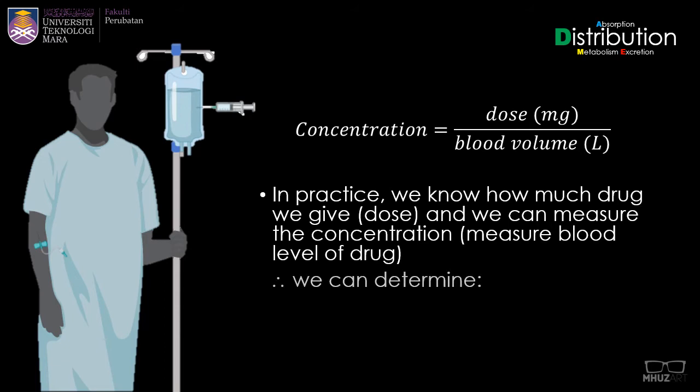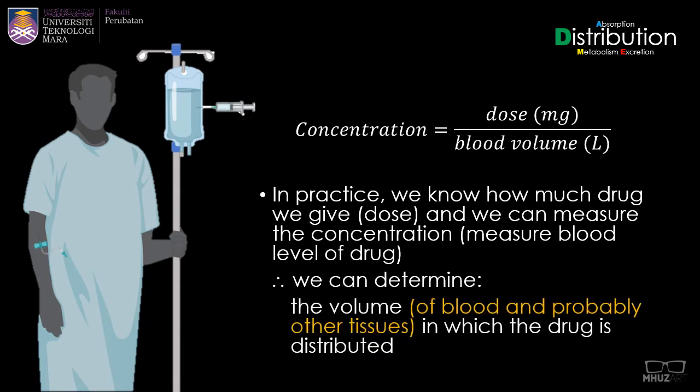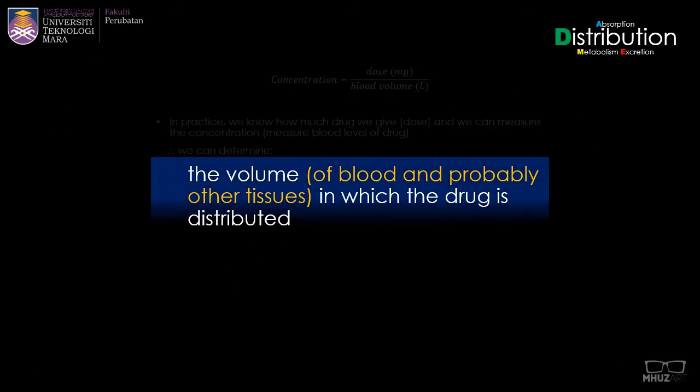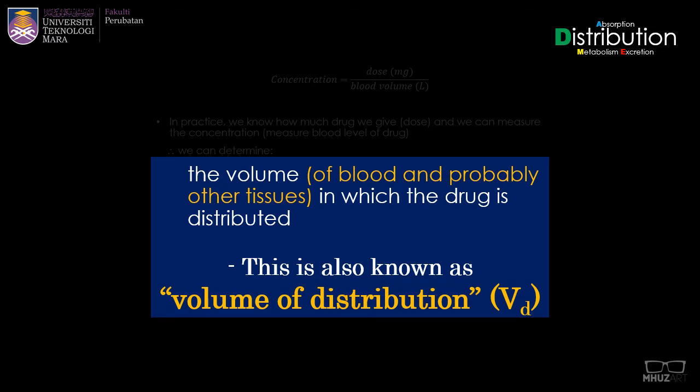In that sense, we can determine the volume of blood and probably other tissues in which the drug is distributed by modifying the formula here a bit. This volume of blood in which the drug is distributed is the one known as volume of distribution. So that's a straightforward definition of volume of distribution.